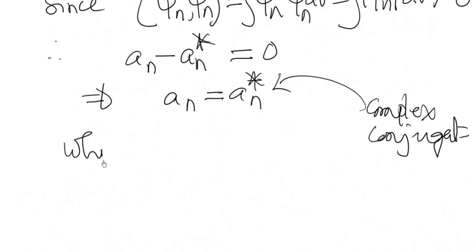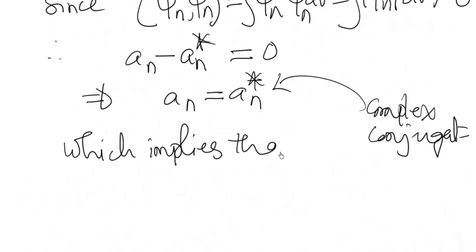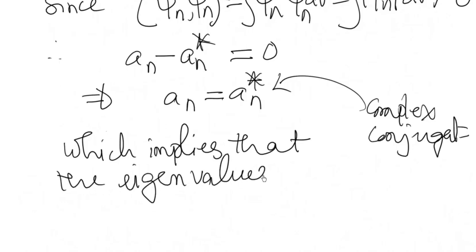Which implies that the eigenvalues a n are real. Therefore, we have proved that the eigenvalues of a Hermitian operator are real.